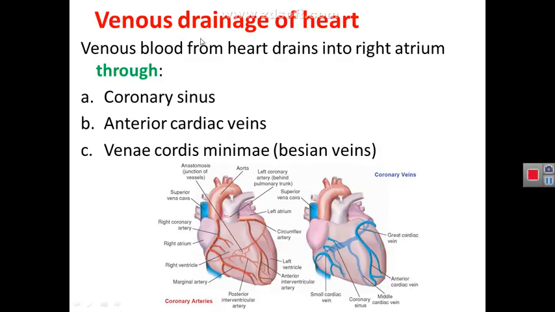So the heart venous drainage is via the coronary sinus, number one, anterior cardiac veins, number two, and small pits seen from inside, in between the pectinate muscles and the trabeculae carneae in the atria and the ventricles, mostly in the right atrium and the right ventricle. These pits are called venae cordis minimi.